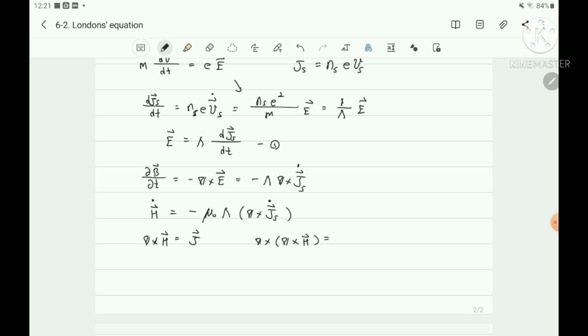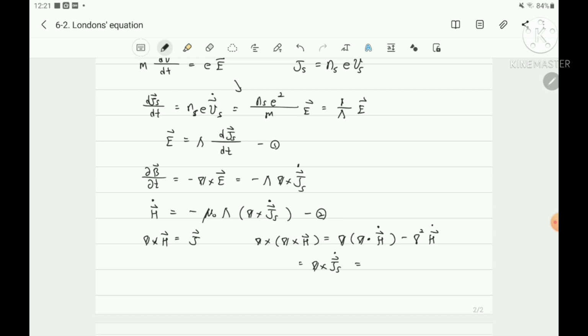From the vector identity, gradient of divergence of H dot minus Laplacian of H dot equals curl Js dot.